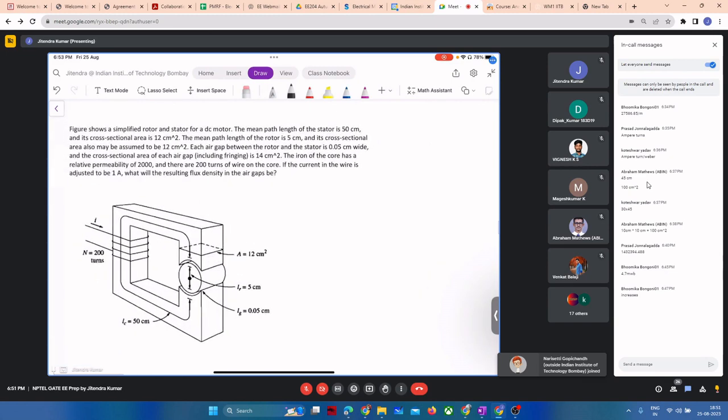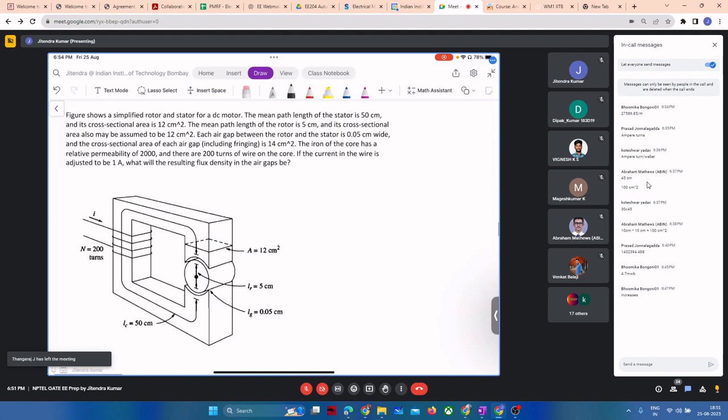Now read this question carefully. Here, one core is there and one rotor is there, in the air gap of this core. Here also we have to compute the resultant flux density in the air gap.